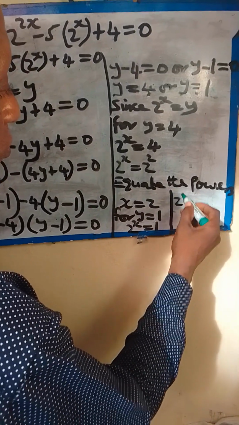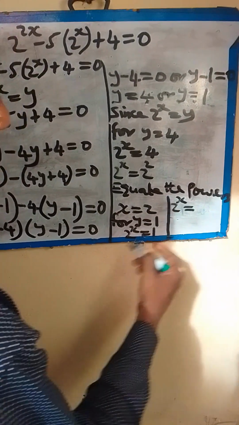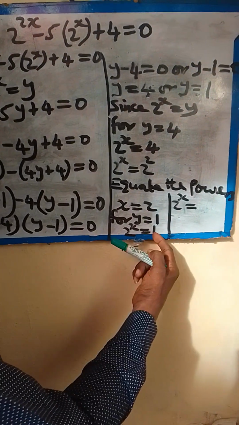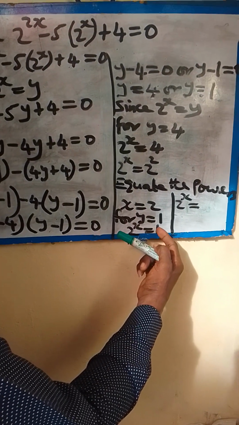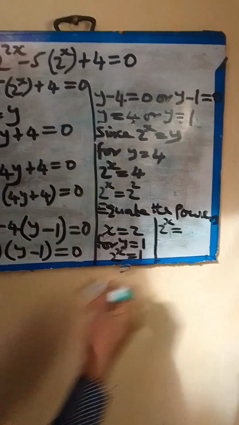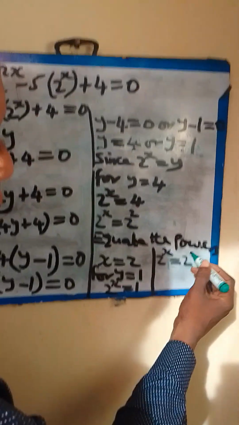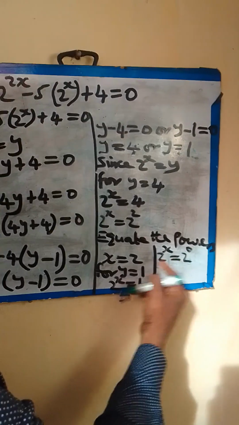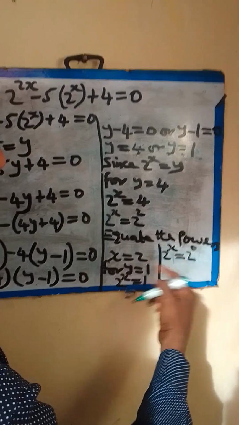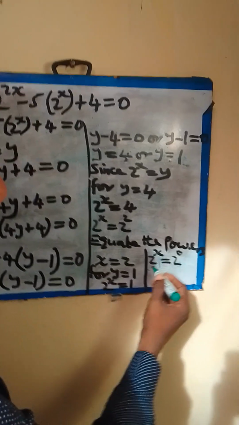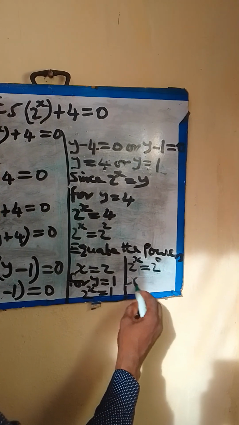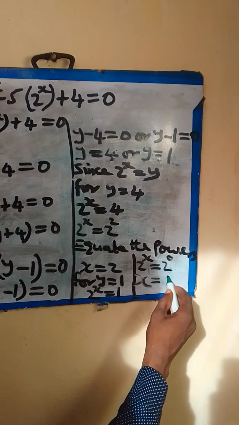So I am going to have 2 raised to power x is equals to 1. How do we make this side base 2? We know that in indices, any number raised to power 0 is 1. So I am going to have 2 raised to power 0. We have made these two sides of the equation the same base, so we equate the powers. When we equate the powers, we have x is equals to 0.